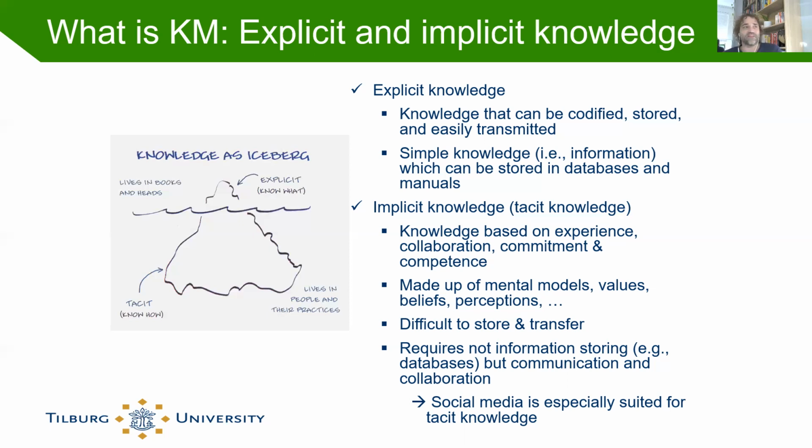So basically, everything that is stored and codified and easily transmitted. If you start working in an organization and there is a manual for a certain system, that is explicit knowledge. But knowing who to go to when that system breaks down, that is implicit knowledge, because that's not in the manual.